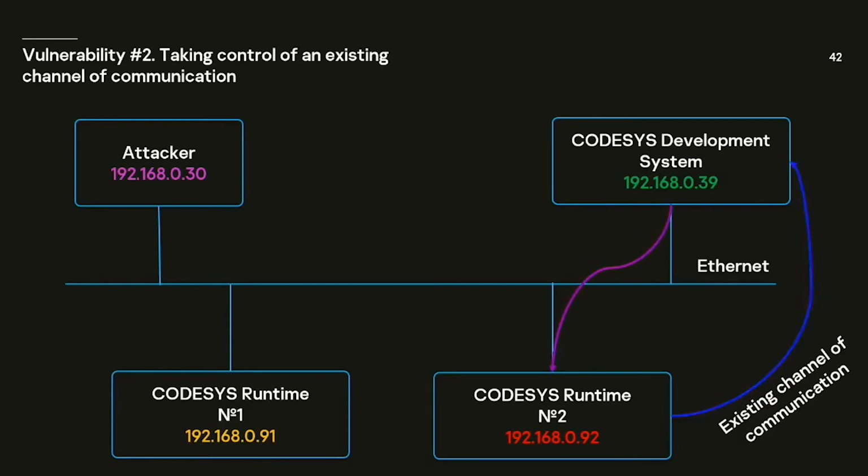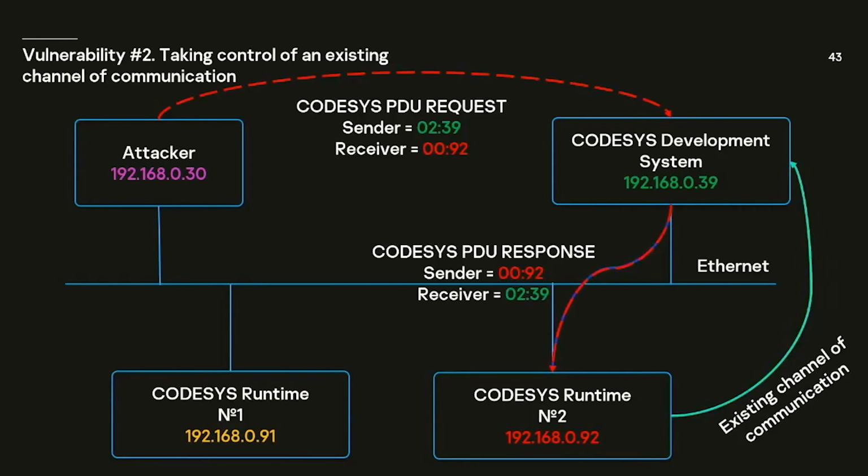And from the last vulnerability, we can ask a very good question: if there is an existing communication between two nodes, is it possible for the attacker to send an injection packet into an existing channel of communication? So obviously, yes.